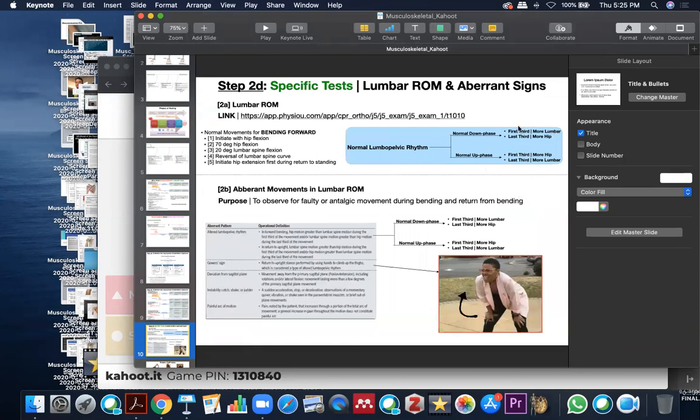And if you hadn't downloaded or looked at the picture that I had posted in the comments, initially when I posted this, I had this reversed, so I apologize for that. But just in general, the normal lumbopelvic rhythm is about movements of the lumbar spine versus movements of the hip. And with the hip, we're really saying anterior pelvic tilt or posterior pelvic tilt.